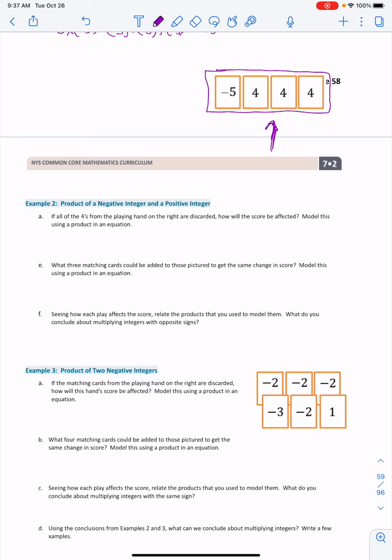We're not adding them, we are subtracting them. So in order for that to happen, the score decreases by 4 3 times.